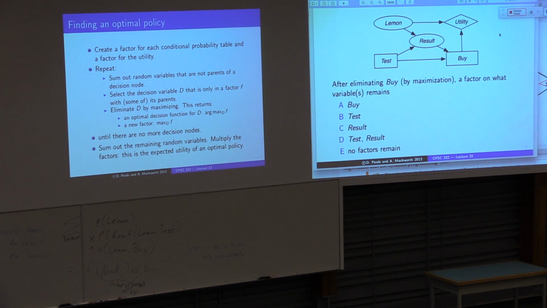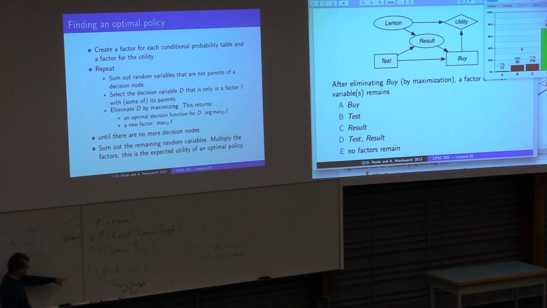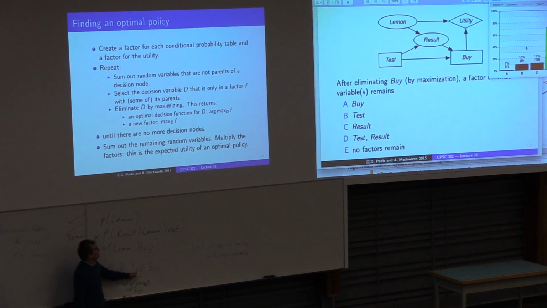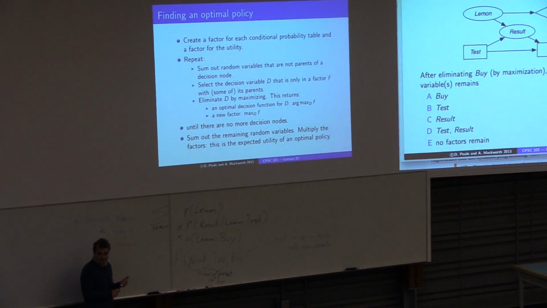All right, how are we going here? Do you need more time? Anyone need more time? 3, 2, 1, we're about right. Test and result. Right, it's this factor. We're going to maximize over this. We're going to have a factor on test and result. We're going to maximize over by. We're going to choose the best by for each combination of test and result.